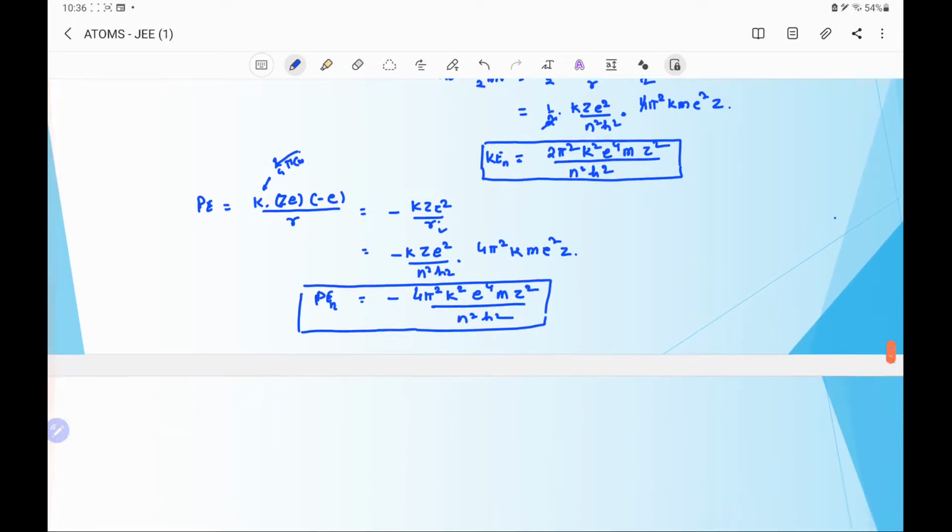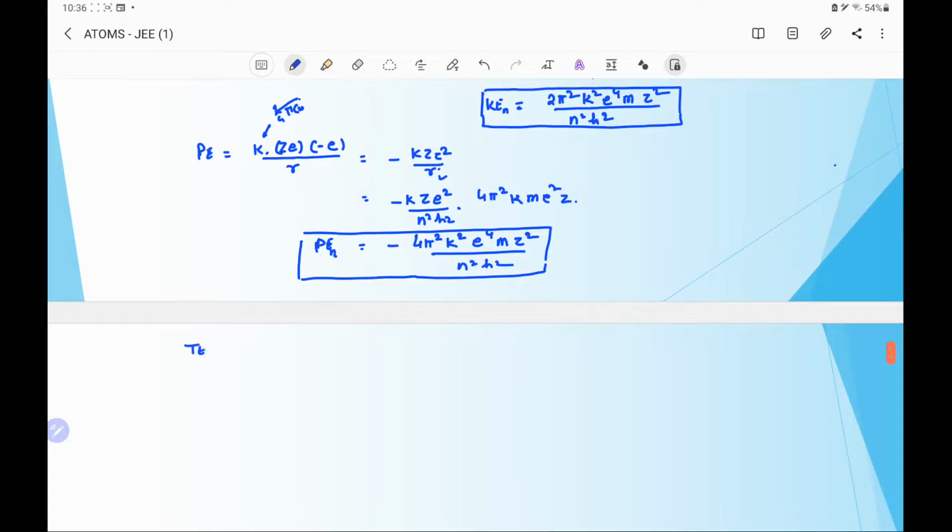And now the total energy in the nth orbit will be equal to the kinetic energy in the nth orbit plus the potential energy in the nth orbit. If we sum these two expressions, we will have 2 pi square k square e raised to the power 4 m Z square divided by n square h square plus, and the potential energy is minus 4 pi square k square e raised to the power 4 m Z square divided by n square h square.